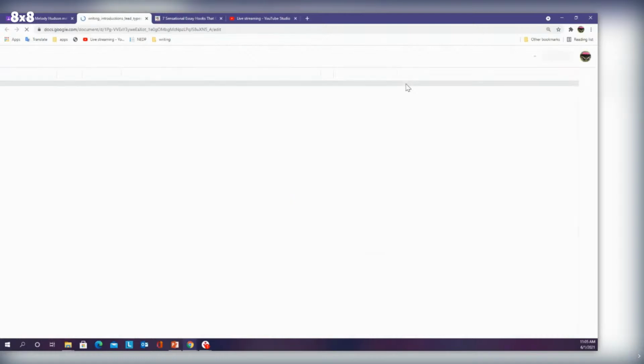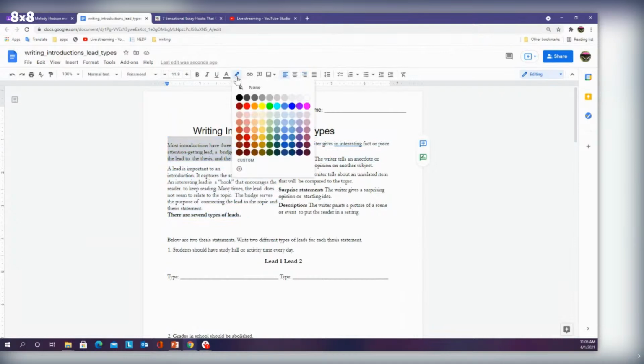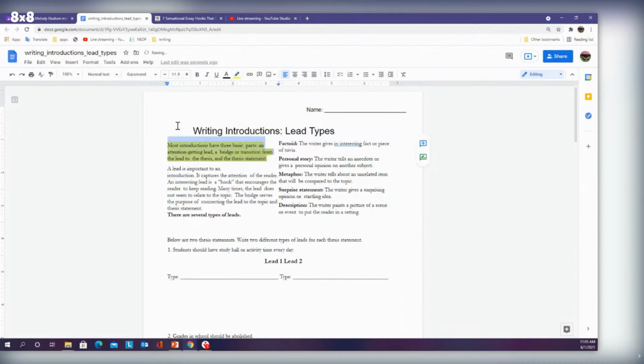Okay. So most introductions have 3 parts: an attention-getting lead, a bridge or transition from the lead to the thesis, and the thesis statement. So a lead is important to an introduction.